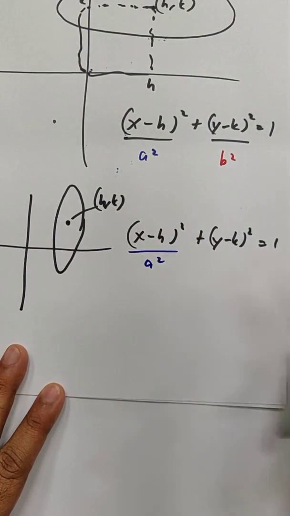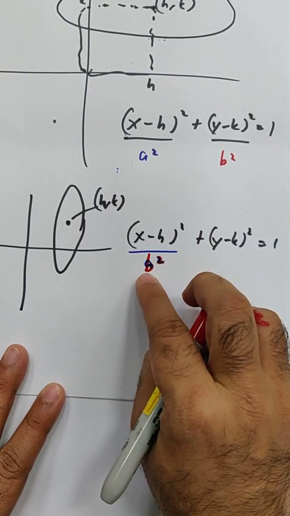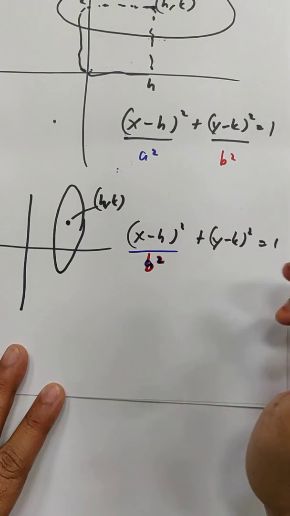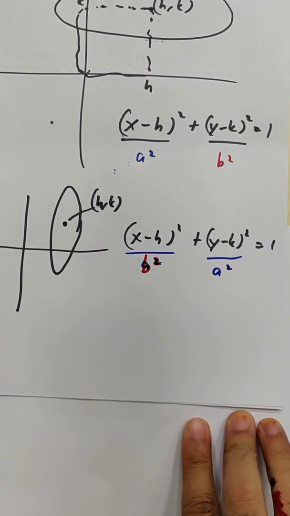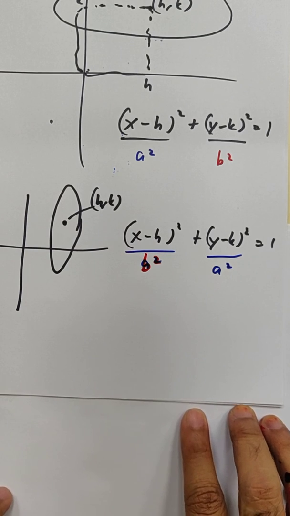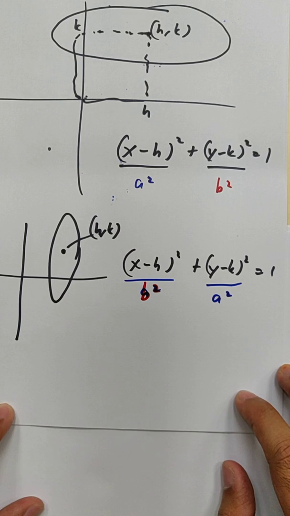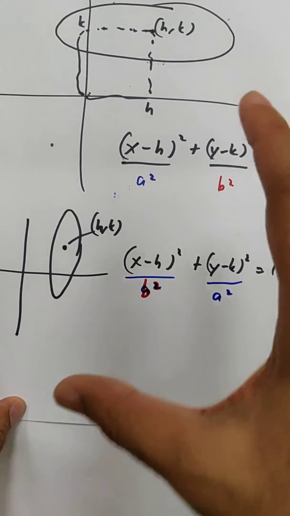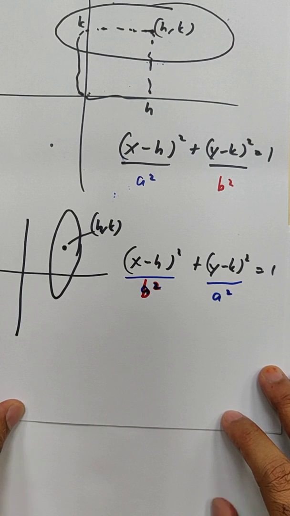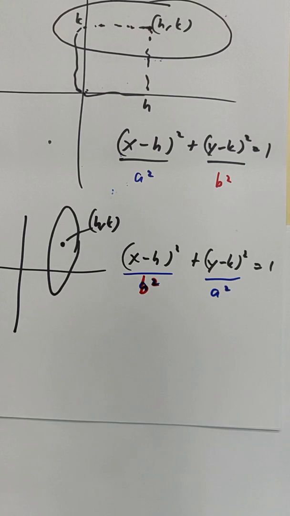Oh, sorry, that's wrong. Over b squared. The short one is over here. And this one is the a squared. Are you okay? So you understand the theory so far? Not as complicated as circle. You just need to memorize the formation of the formula. Okay, so now let's try some exercises.